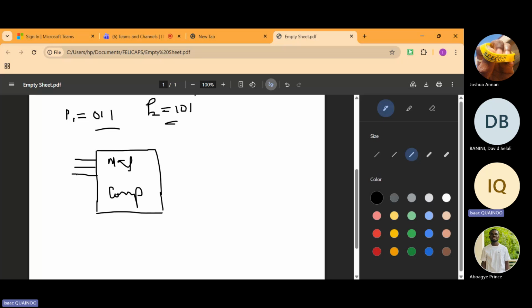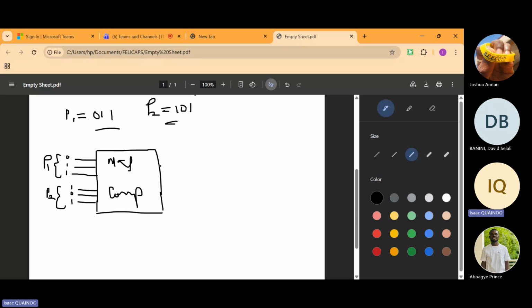So we have 0 here, 1 here, 1 here, and all these 3 are classified as P1. Then we have another 3-bit combination, 1, 0, 1, and all these 3 are our P2.